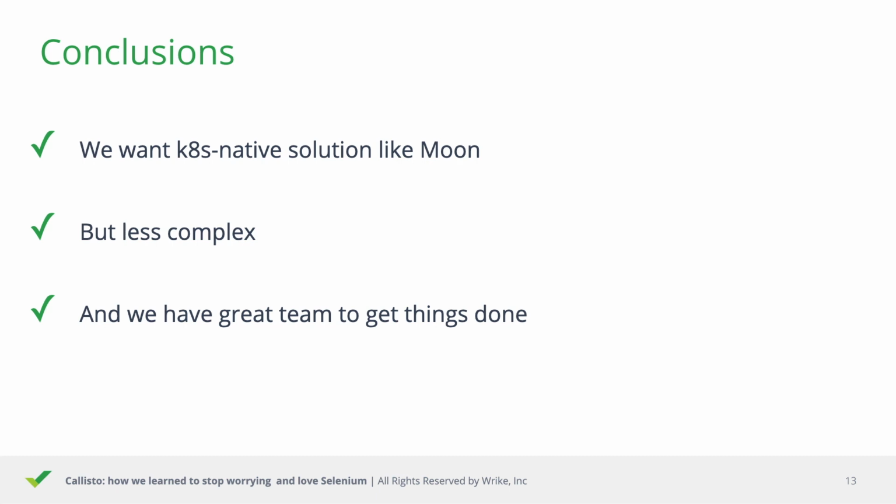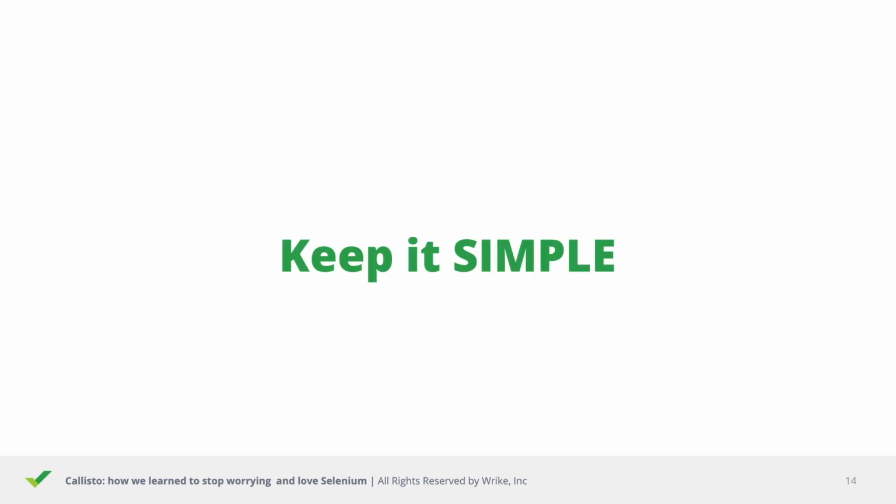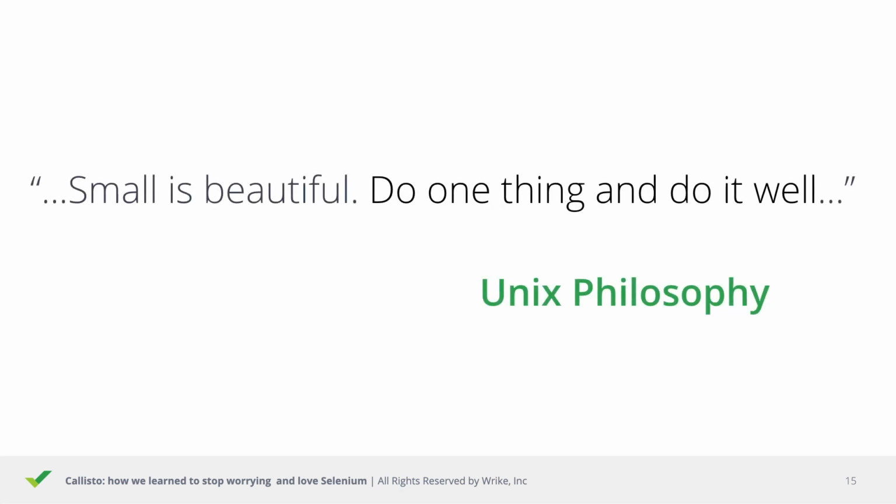We can even summarize all our intentions in one phrase: keep it simple. I want to share with you this quote from the Unix philosophy manifesto: small is beautiful, do one thing and do it well.